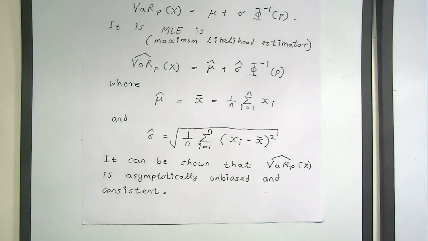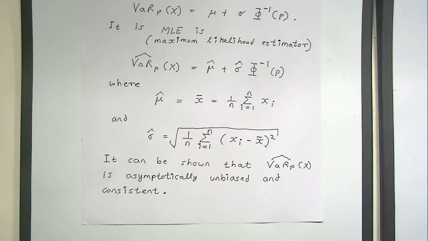I'm not going to do it because I will not ask you this in the exam. Well, if I ask you this in the exam, I will give you enough hint so that you can do it. It can be shown that the estimate for VaR is asymptotically unbiased and consistent.